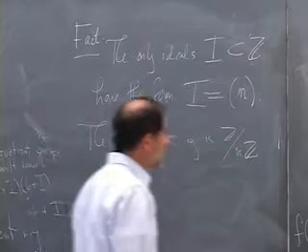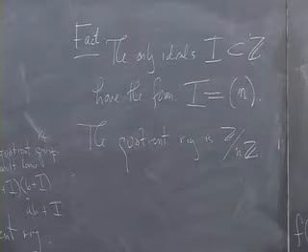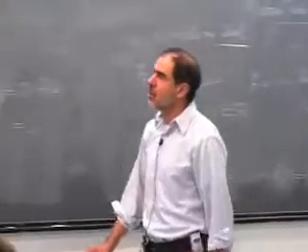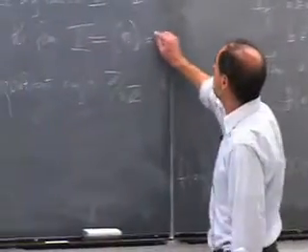So the only ideals of the integers are the ones of this type. If you have anything that's stable under multiplication by an arbitrary element in the ring, stable under addition, then it's all multiples of n. So in other words, you could write n times Z.